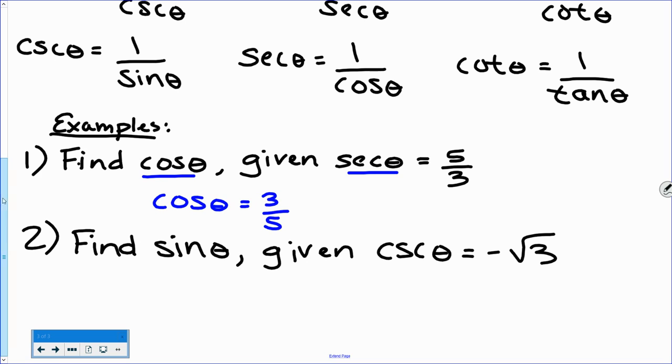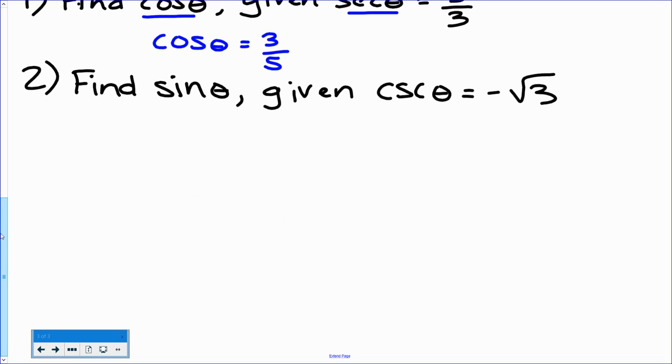You are given the reciprocal of sine, and we want sine. The last time I was given a fraction, so I just flipped that over. So I'm going to flip this over. That would technically be over 1. So when I write sine of theta, that would equal negative 1 over the square root of 3.